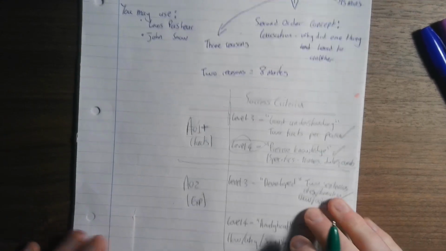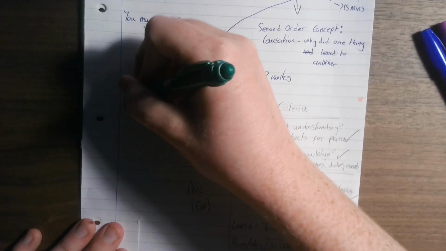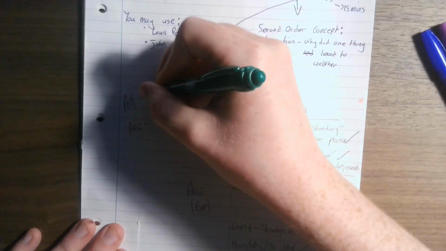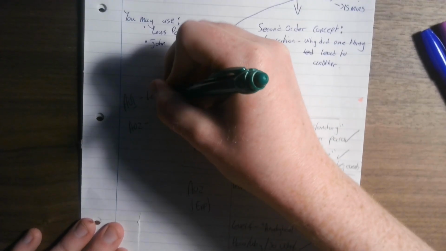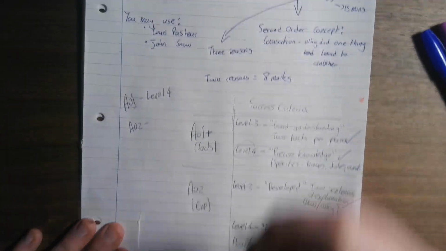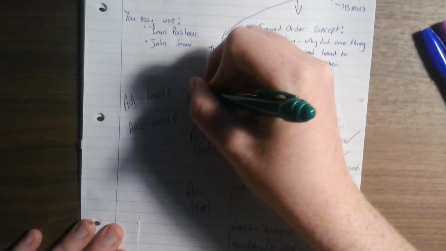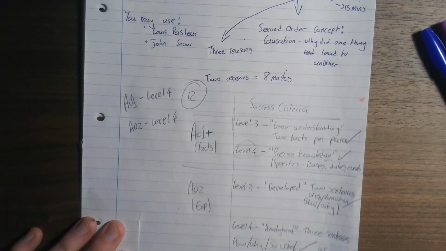I've definitely done that. So therefore, what I'm going to do is I'm going to annotate my answer now, just like I would do if I was marking an actual exam. I'm going to do AO1 equals level 4, AO2 equals level 4, which works out at 12 out of 12.